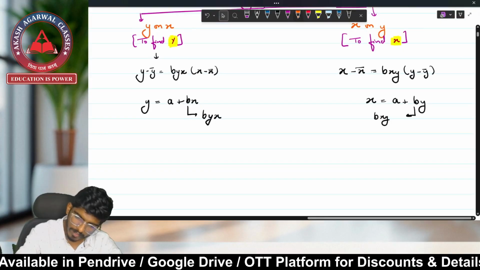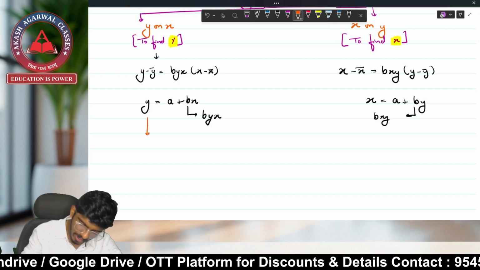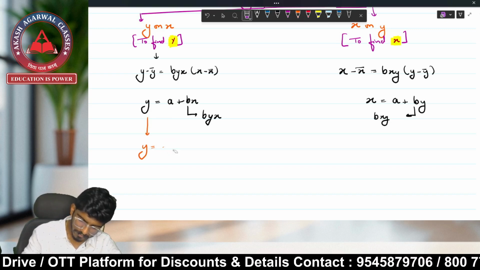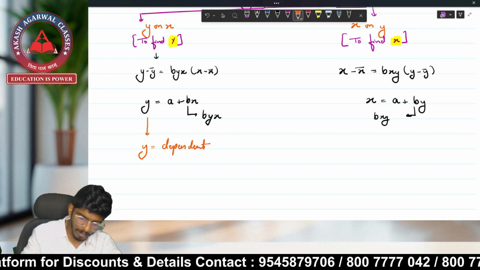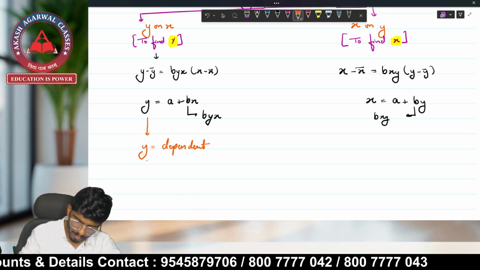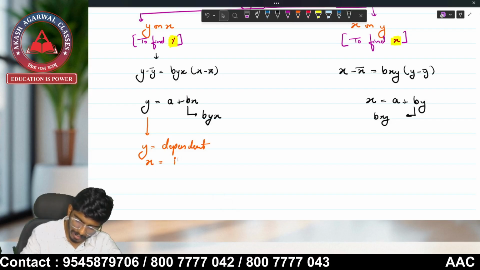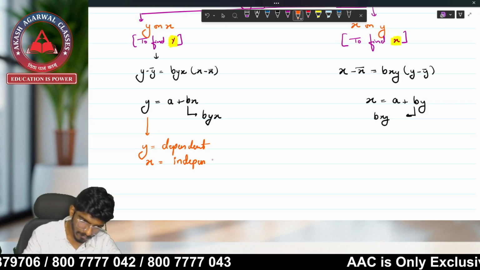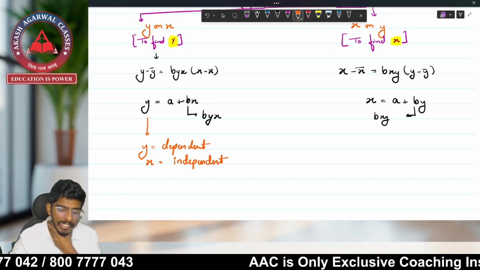Over here, when I talk about this equation, my y is going to be a dependent variable, and x is going to be the independent variable. Why is y dependent?